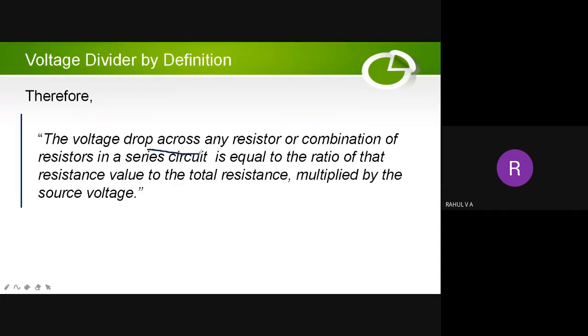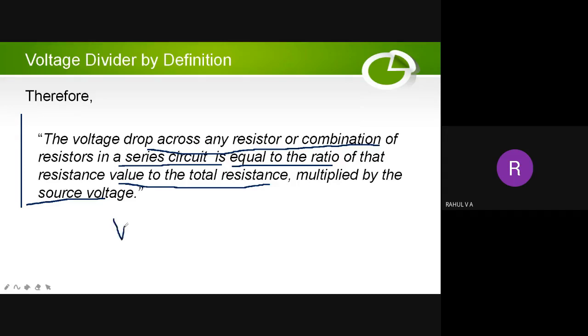The voltage drop across any resistor, or combination of resistors in a series circuit, is equal to the ratio of that resistance value to the total resistance value multiplied by the voltage source.